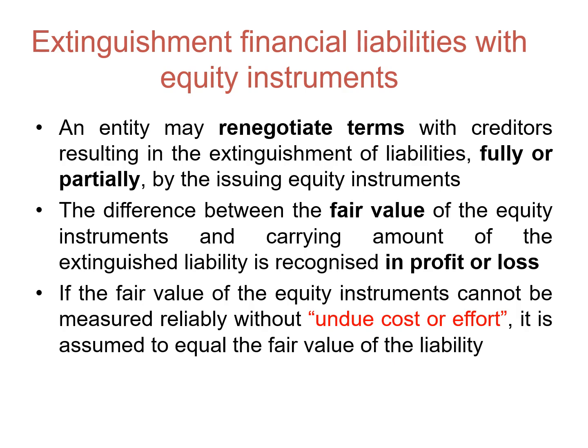The difference between the fair value of the equity instruments and the carrying amount of the extinguished liability must always be recognized in profit or loss. You do this on the basis that you can determine the fair value of the equity instruments. However, if you can't determine the fair value of the equity instruments without undue cost or effort, then we assume that these are equal to the fair value of the liability, in which case there will be no transaction posted to profit or loss arising out of it.